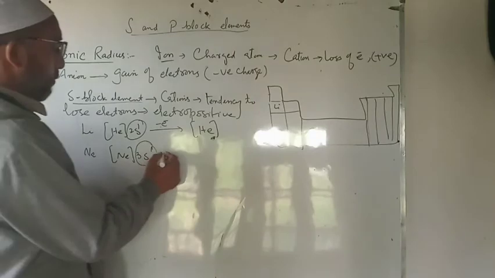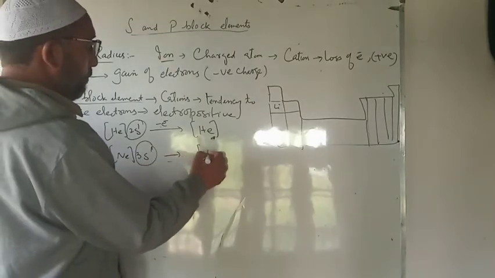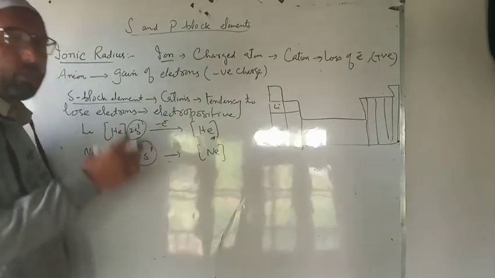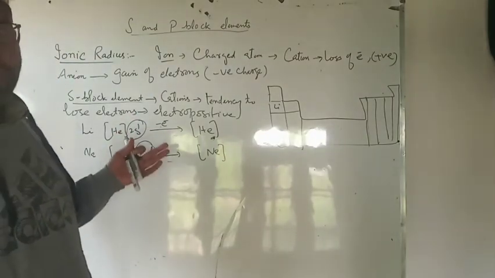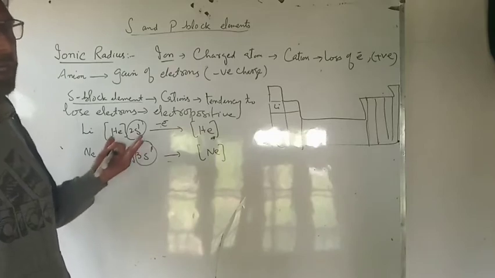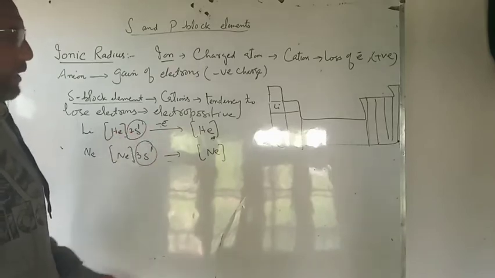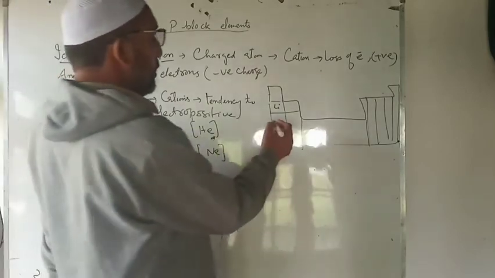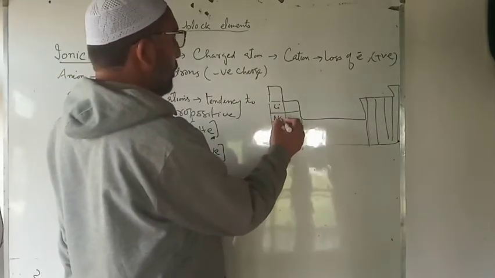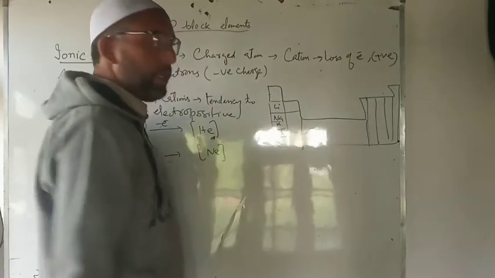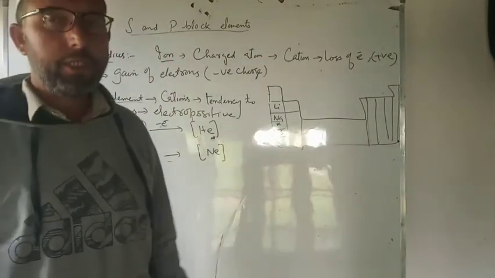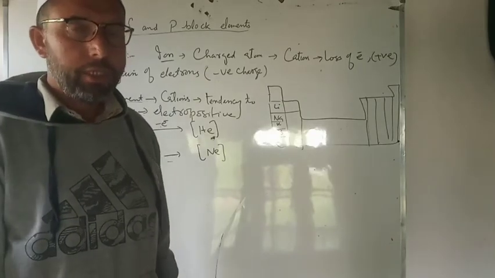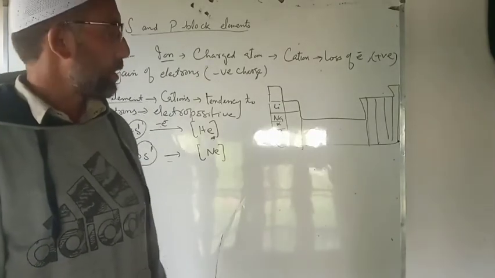In the same way, what will happen to sodium when it loses one electron? It will have an electronic configuration similar to that of neon, and this electronic configuration makes the sodium ion stable. So these electropositive elements, the group first elements, lithium, sodium, potassium, rubidium, cesium, and francium, easily lose their electrons because after losing the electron, they attain stable electronic configuration.